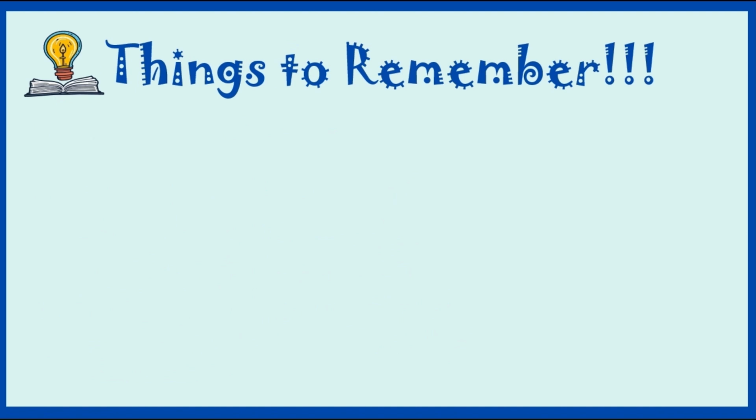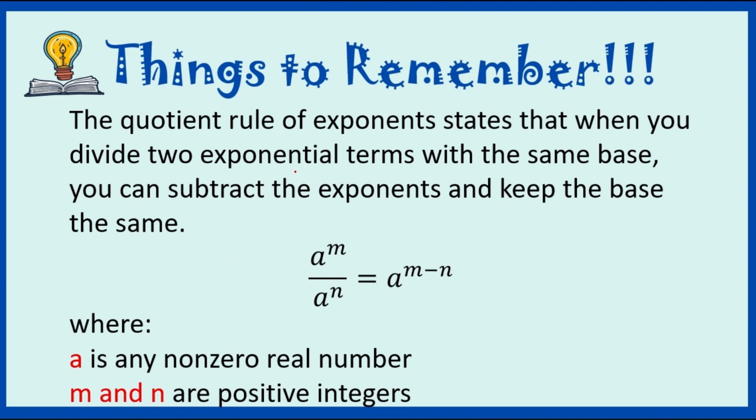Now, let's go with the division. This is the things that you should remember under the quotient rule. The quotient rule of exponents states that when you divide two exponential terms with the same base, you can subtract the exponents and keep the same base. Parang ganun lang, ang pinagkaiba nito sa product rule, dito nagsusubtract tayo.